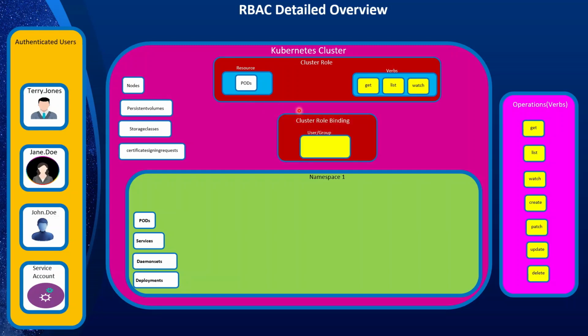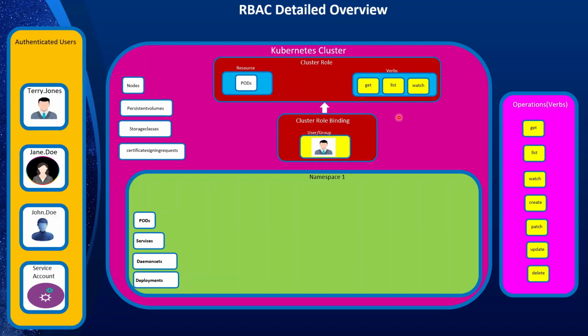Then we can create a ClusterRoleBinding and then add, for instance, Terry Jones into this binding. So Terry will have get, list, watch permissions to pods in all namespaces. So this is a very broad permission, and maybe sometimes it's not desirable.